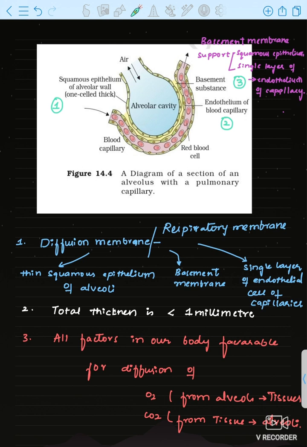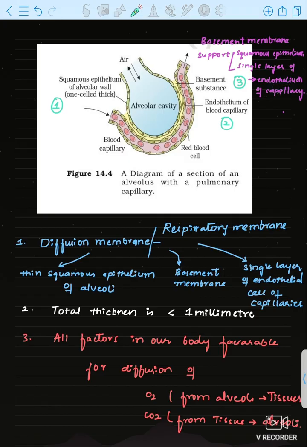And you can see this is the blood vessel. There is the endothelium of the blood capillary, another layer, and the basement membrane is between the squamous epithelium of the alveolar wall and the endothelium of the blood capillary. What does the basement membrane do? It supports both the squamous epithelium and the single layer of endothelium.